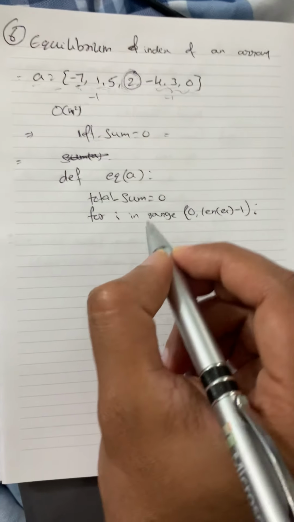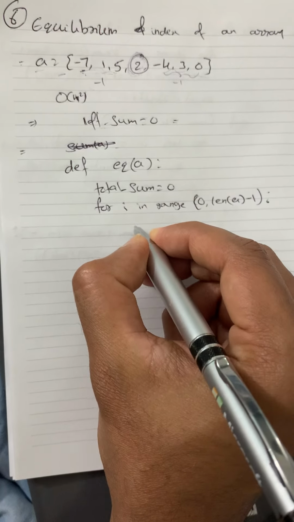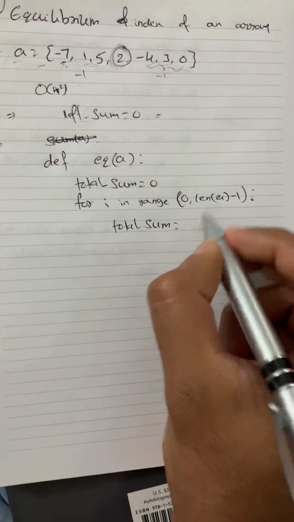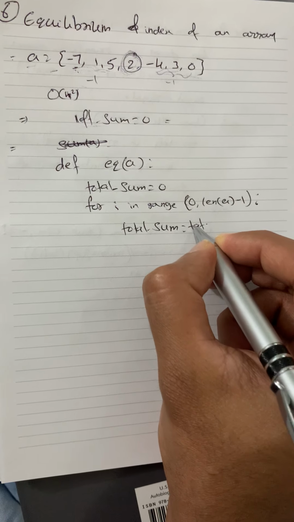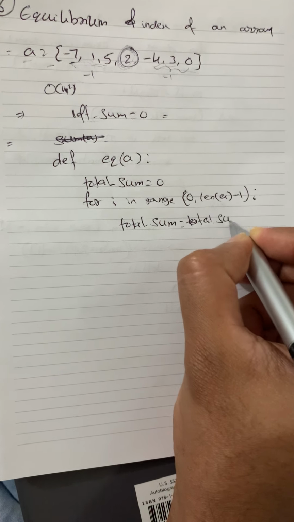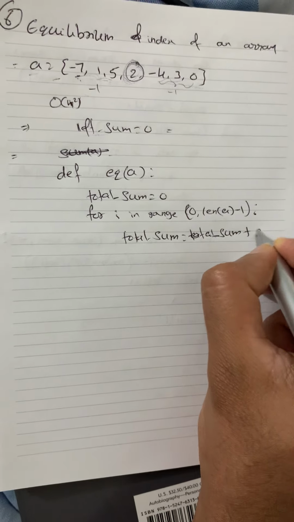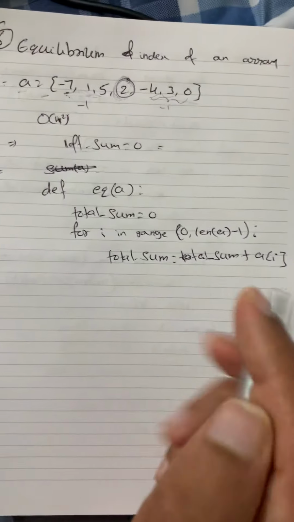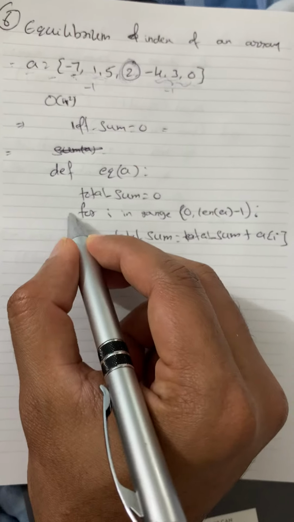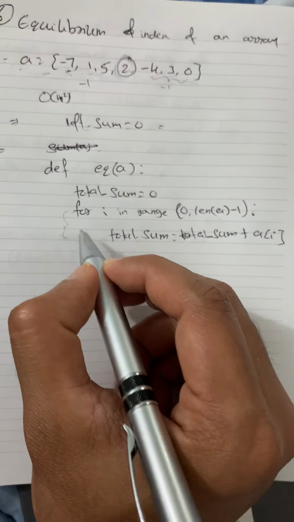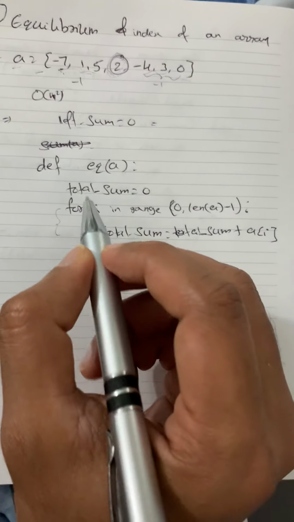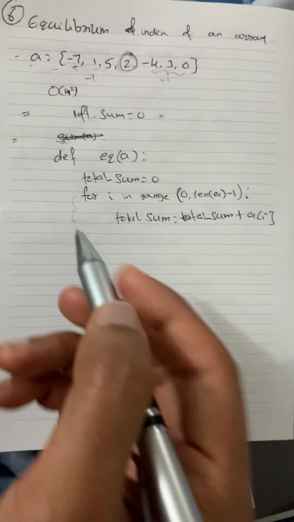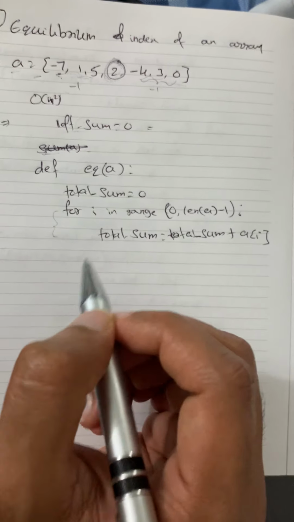While traversing, we update the total sum: total sum equals total sum plus a of i. This is just getting the total sum, because we don't want to use any external function, so I just wanted to have this for loop.